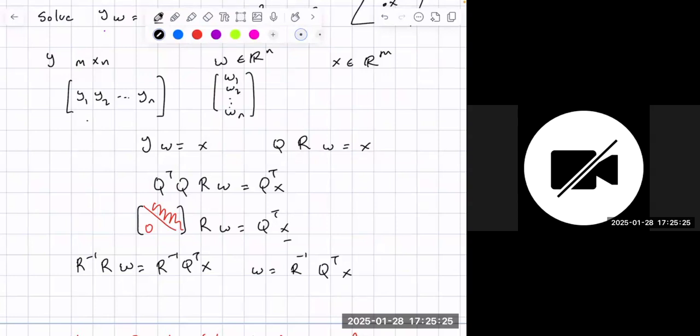Not always, if it is full rank, yes. Yeah, exactly. Very good. And then I was looking at Y times omega to be equal to my X.